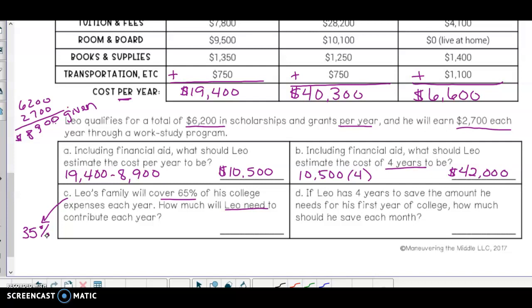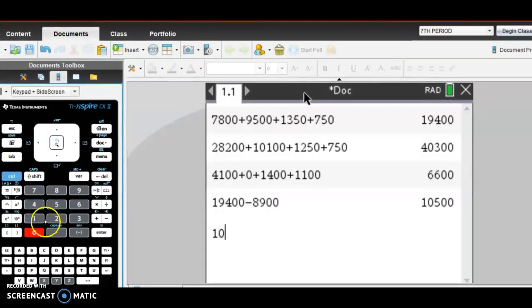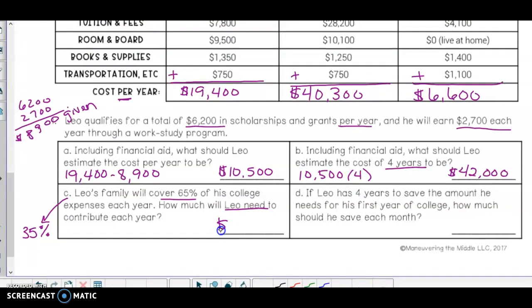So we need to take his 10,500, we need to multiply it times 0.35. So Leo is going to be responsible for $3,675. So let's make a little note here of what we did. 10,500 times 0.35. You could also do times 0.65 and then subtract from the 10,500.